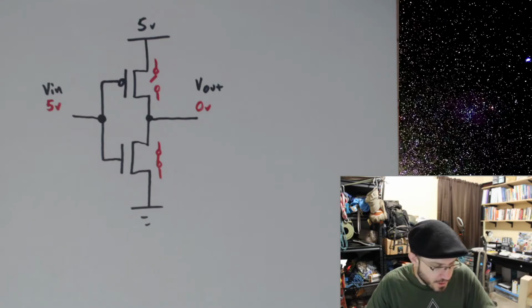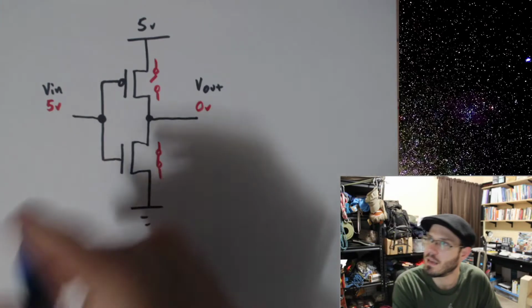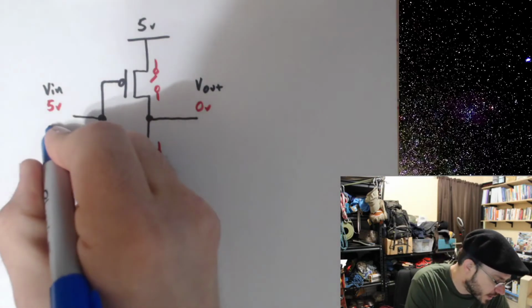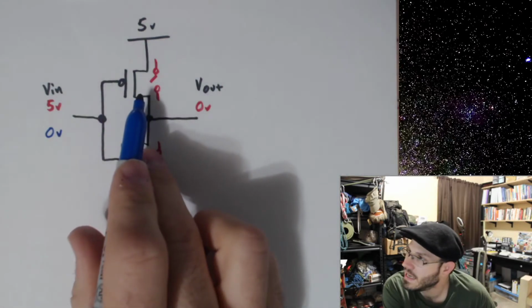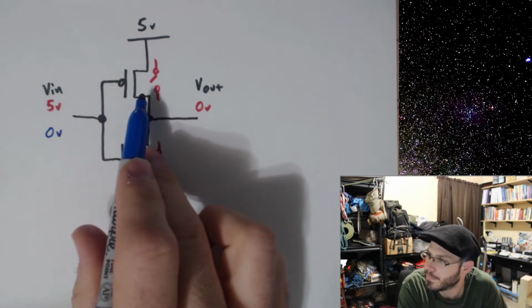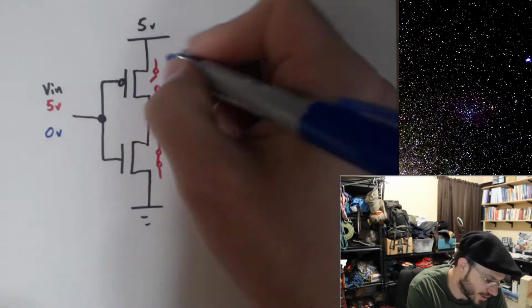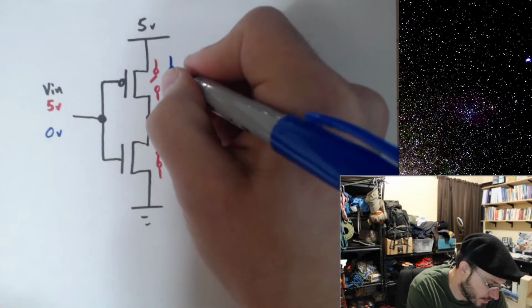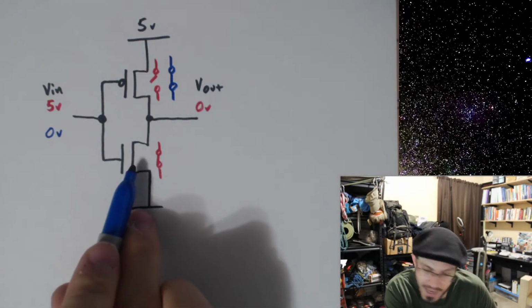All right, let me switch up colors here. Do this in blue. Okay, instead of putting 5 volts on the input, let's say I put 0 volts on the input. 0 volts on the input. Is the P channel closed or open? Closed. 0 volts into an N channel.